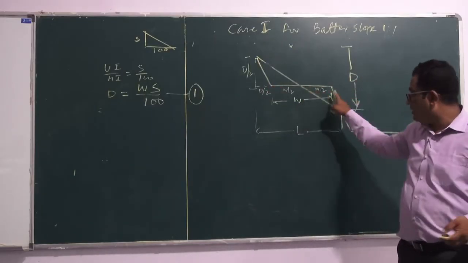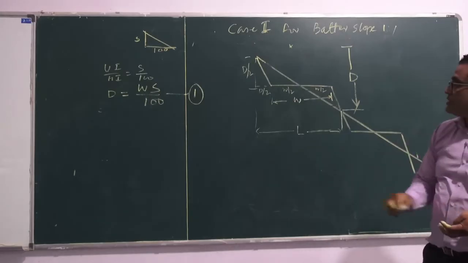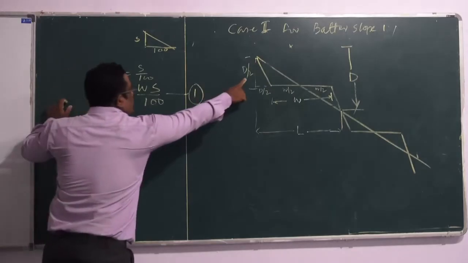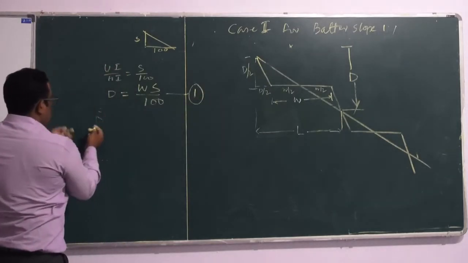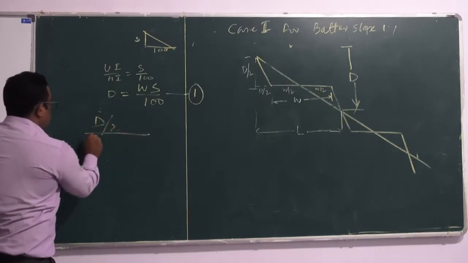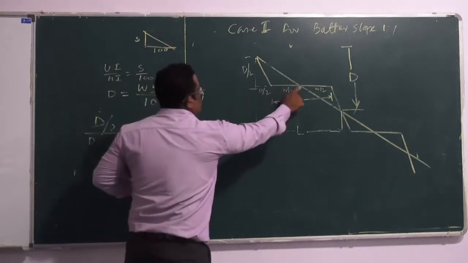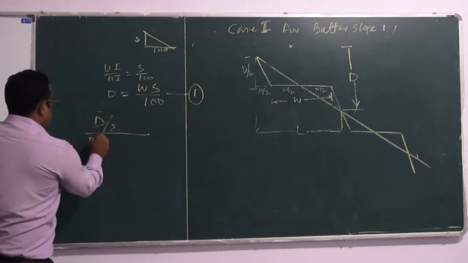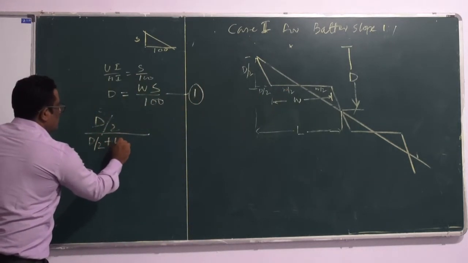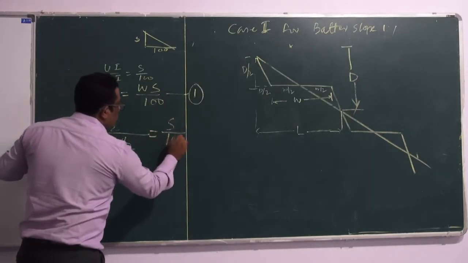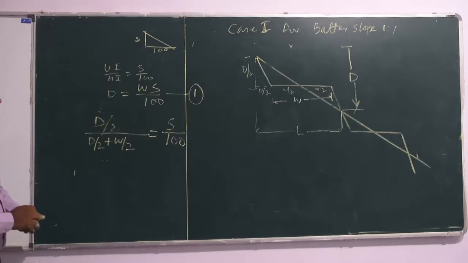Now, since it is a case of a similar triangle, by the laws of similar triangle, we have D by 2 divided by W by 2 plus D by 2 is equal to S by 100.